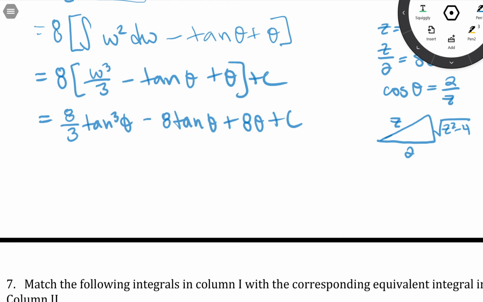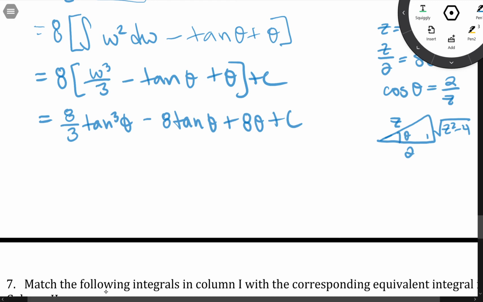Whew. Okay, and this was my theta. So let's go for it. From that, I can say that tangent theta is the square root of z squared minus 4 over 2, cubed.